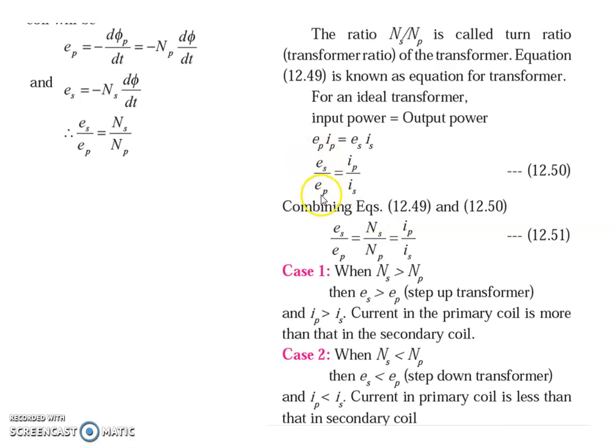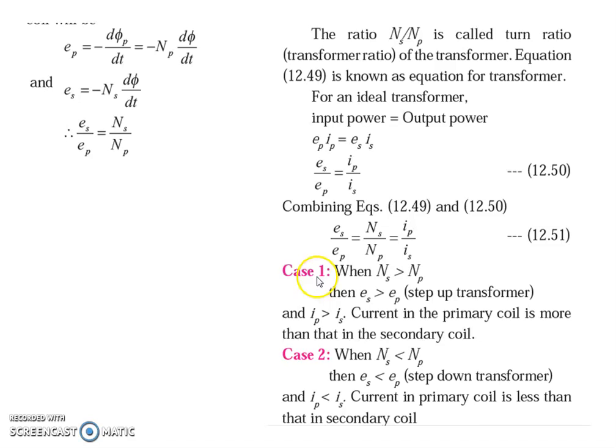Since Es upon Ep is equal to Ns upon Np, and at the same time Es upon Ep is equal to Ip upon Is, the left hand sides of the two equations are equal, and therefore we can equate the right hand sides. Hence we get Ns upon Np is equal to Ip upon Is, where Ns is the number of turns in the secondary coil and Np is the number of turns in the primary coil.